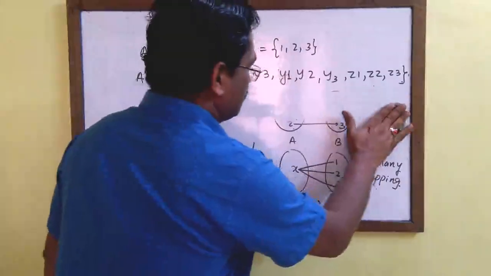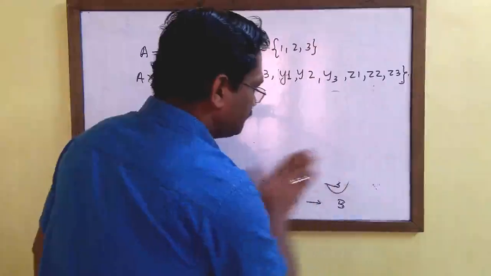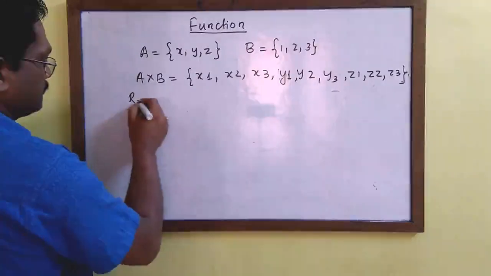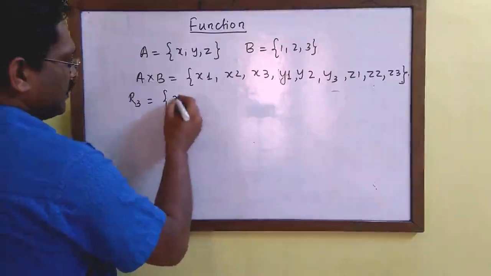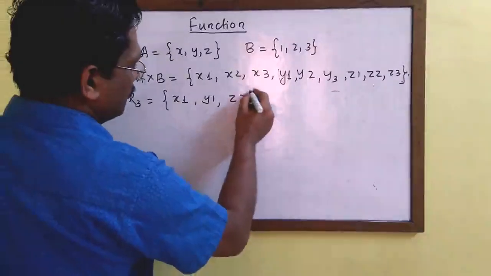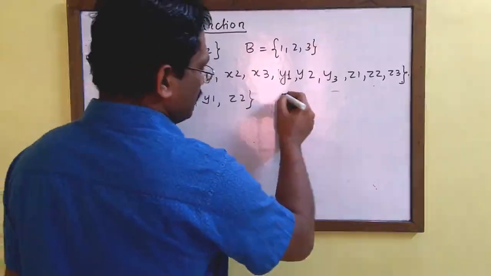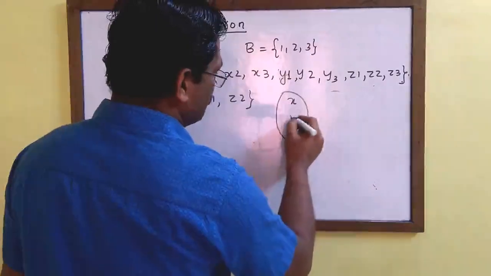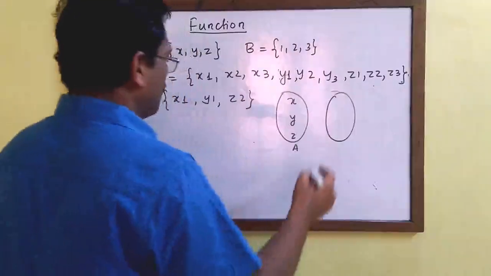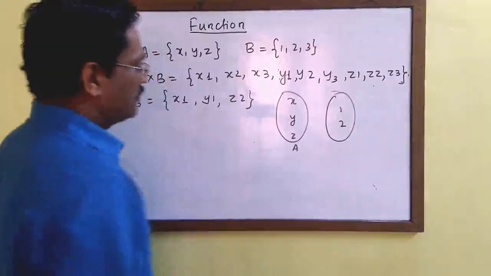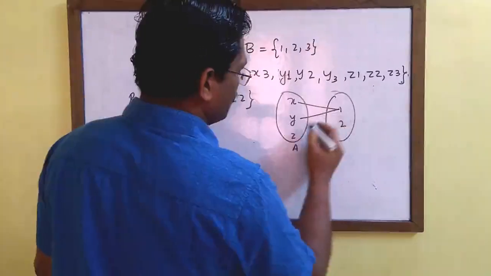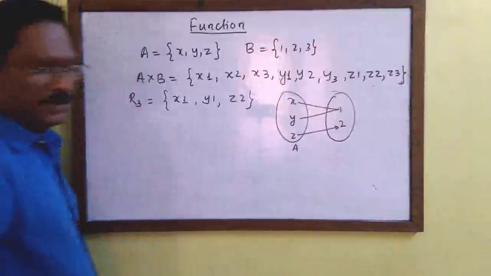Now if I draw another mapping, suppose I am writing say R3, taking x1, y1 and z2. What do you get here? You have x, y and z as the elements on the left hand side and 1 and 2 on the right hand side. x is mapped with 1, y is mapped with 1 and z is mapped with 2.